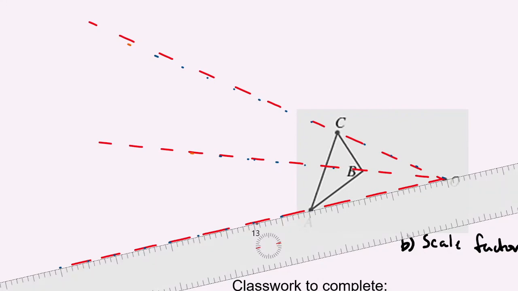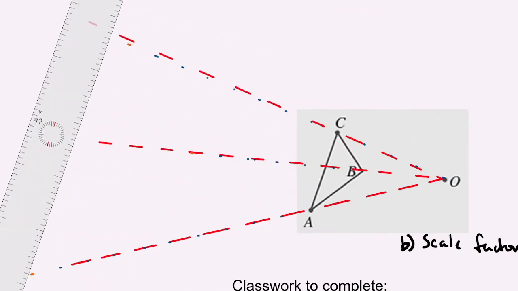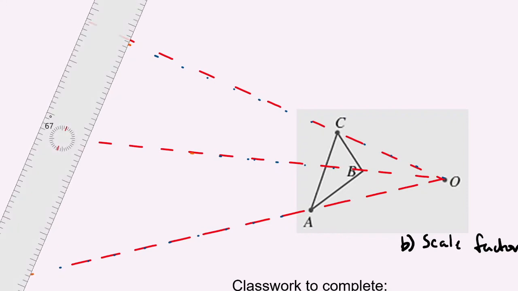Make sure it all lines up. 15, and put my orange dot in, and then I can join up those orange dots. Hopefully they all line up.